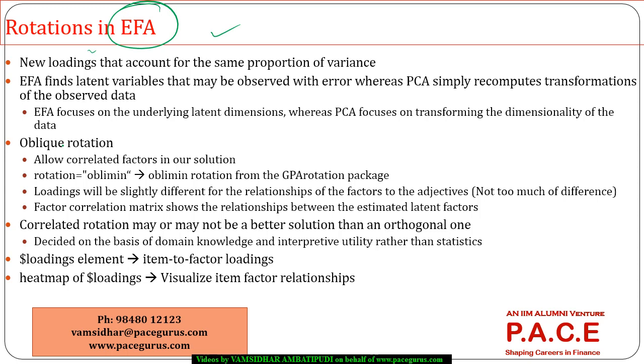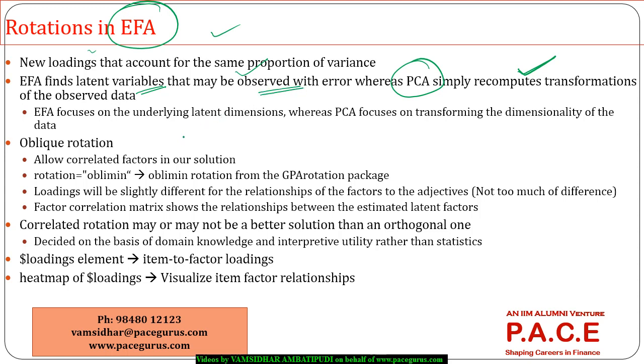With PCA, when we talk of rotations, it is simply recomputing the transformations of the observed data. Whereas in EFA, I'm trying to find the latent variables that may be observed with error.